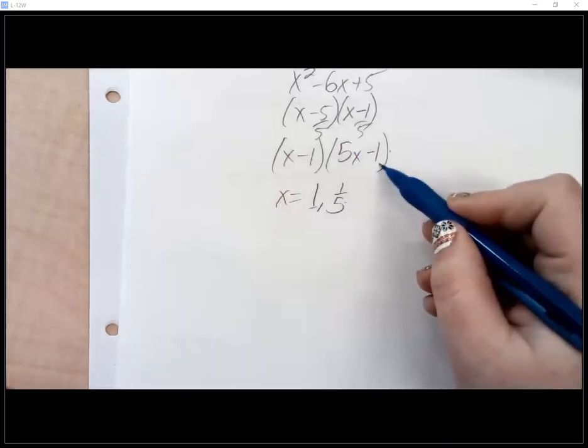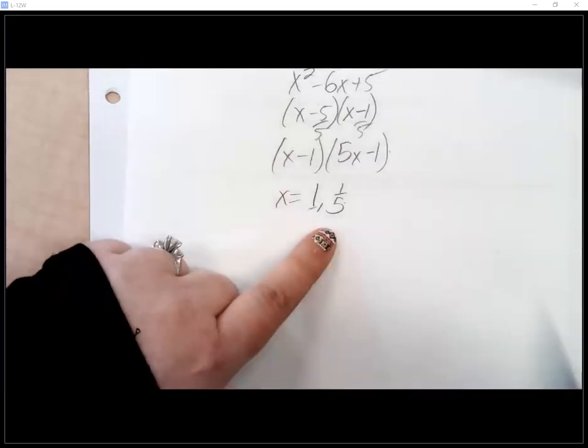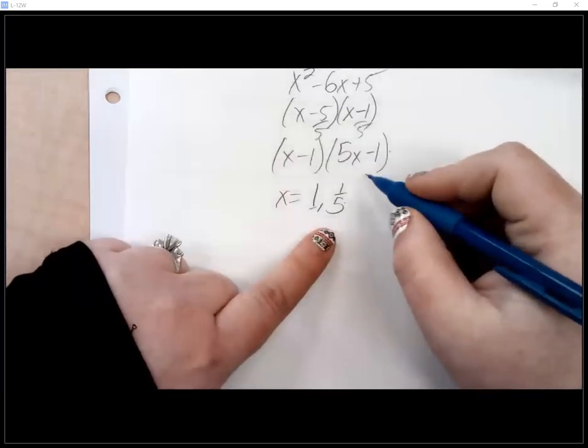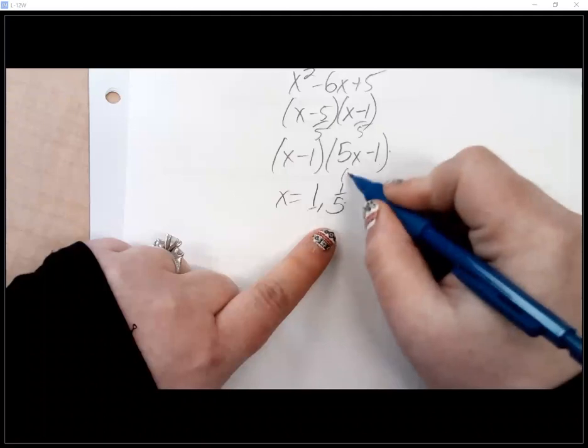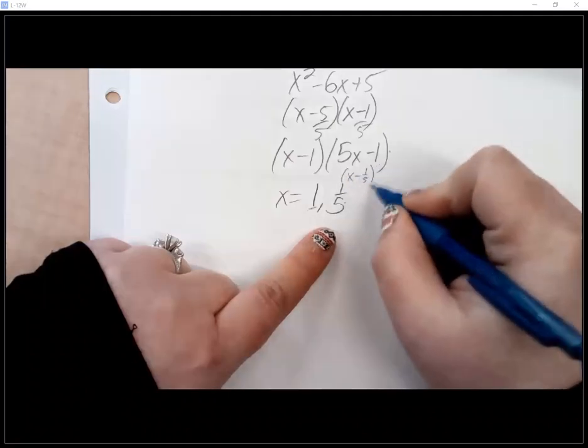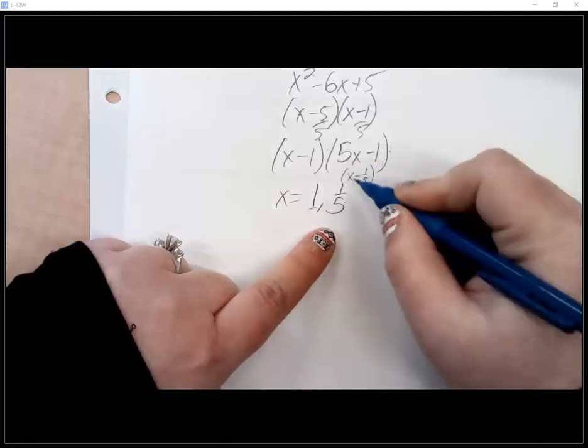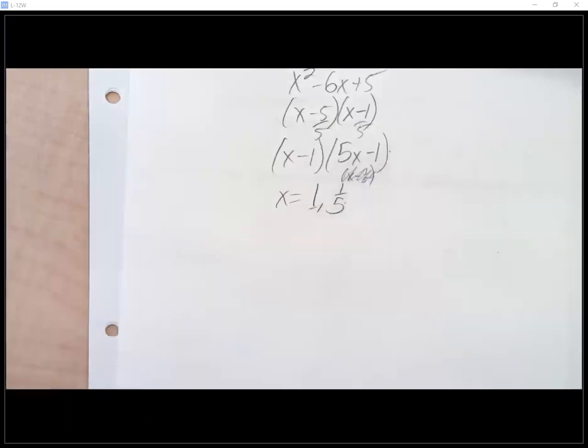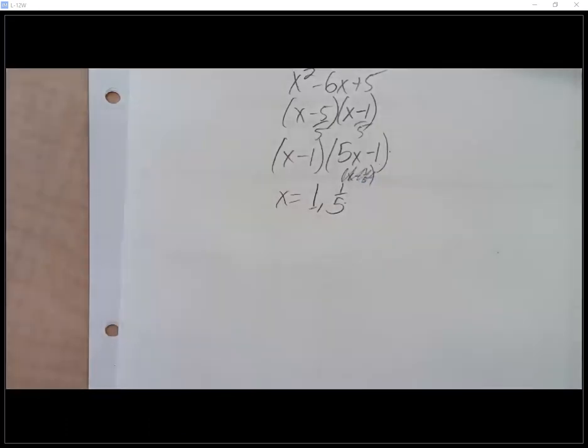Now, it is true, I just want to talk about this real quick. We'll talk about this more when we do the second problem. If you had x minus 1/5, that works also, but we are focusing on polynomials that have what's called integral coefficients. What does that mean? That means all of your coefficients in your polynomial are integers.